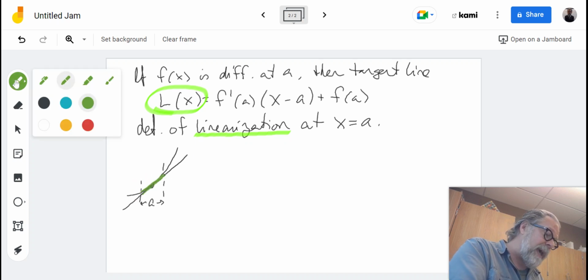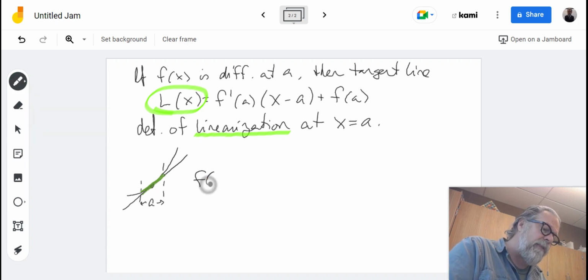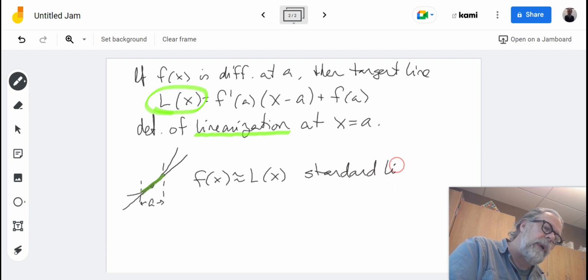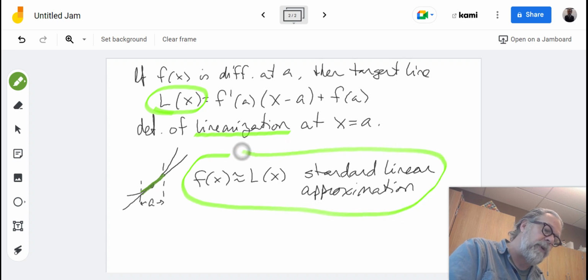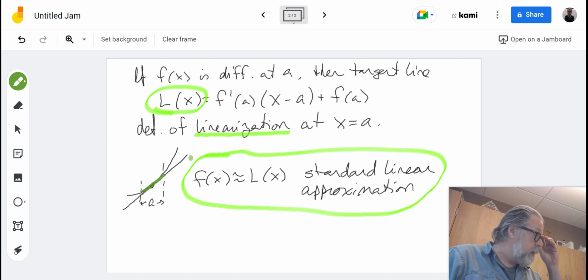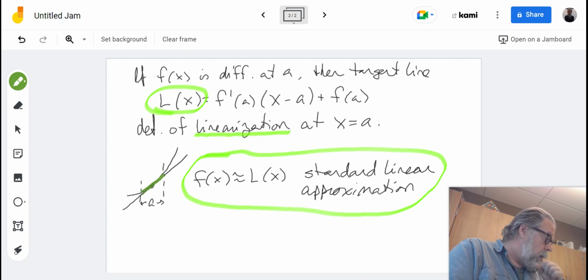So what we say is that for the purposes of linearization, f of x is approximately equal to L of x, and this is called a standard linear approximation. Excuse my voice, I've got a bit of a scratch today. This is called a standard linear approximation, and we can say that the function is approximately equal to the linearization.